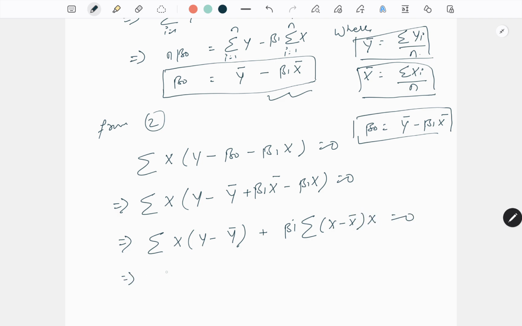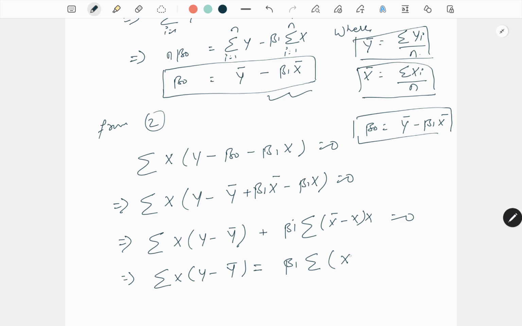So let's take it to the other side: the sum over x times (y minus y bar) equals beta 1 times the sum over x times (x minus x bar). Sorry, I made some mistake here.